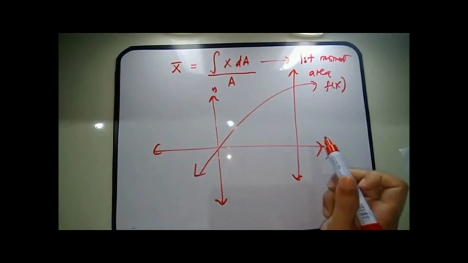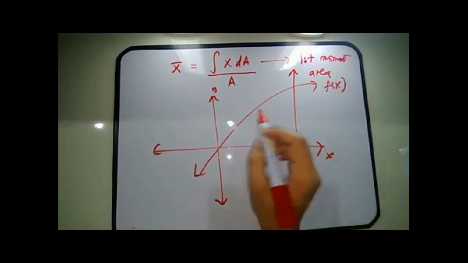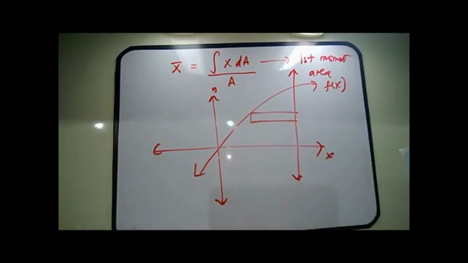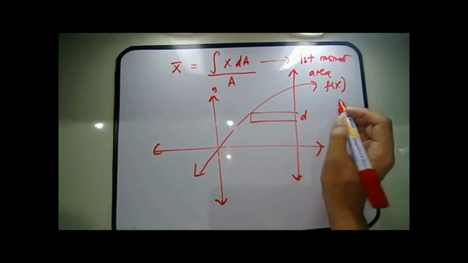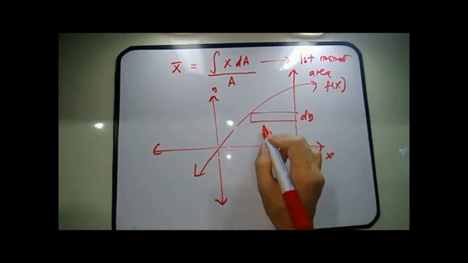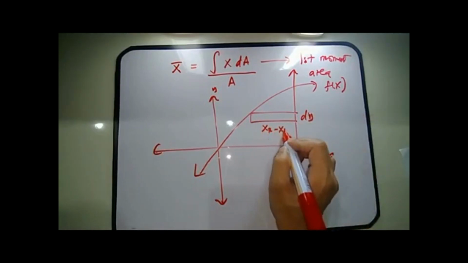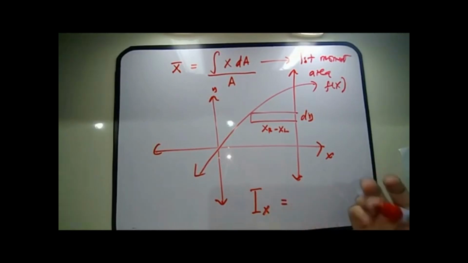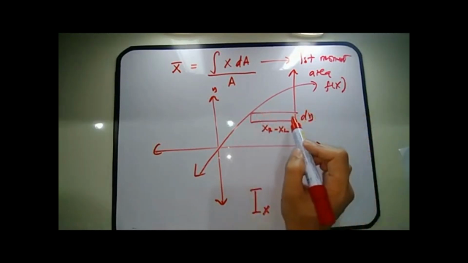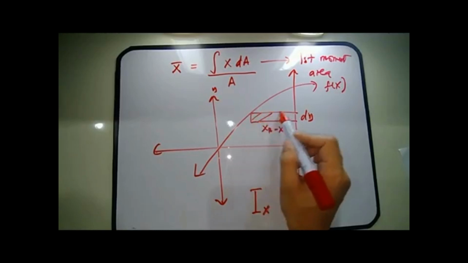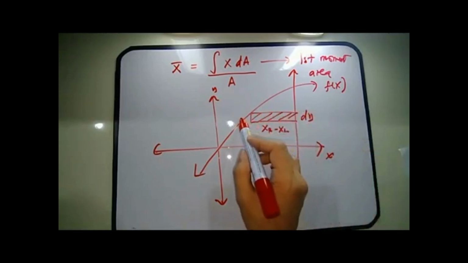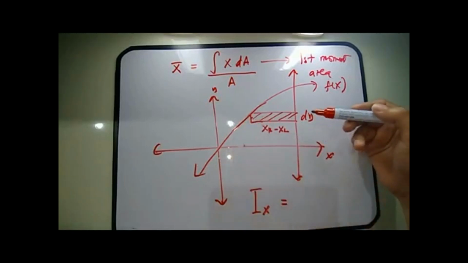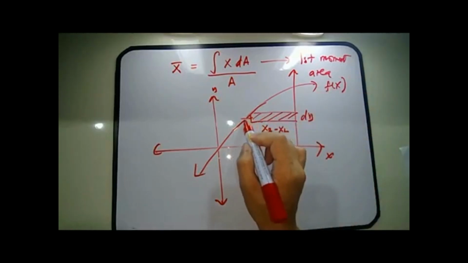Now, the moment of inertia with respect to x. If we are with respect to x, guys, the strip that we will take is horizontal. So, this will be differential y, and this will be x right minus x left. The distance of the strip, which is a horizontal strip, with respect to the x-axis, will be at distance y.